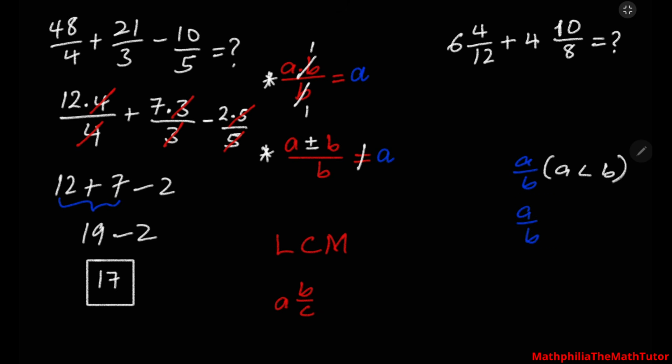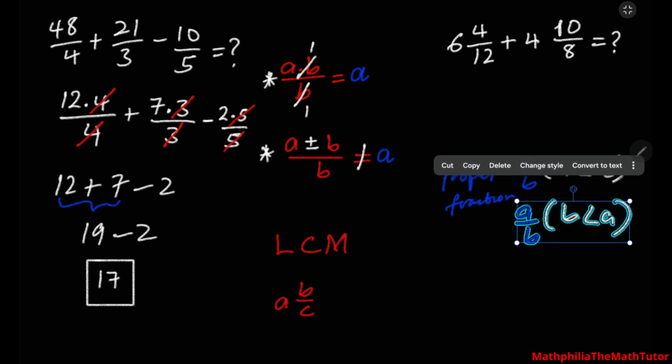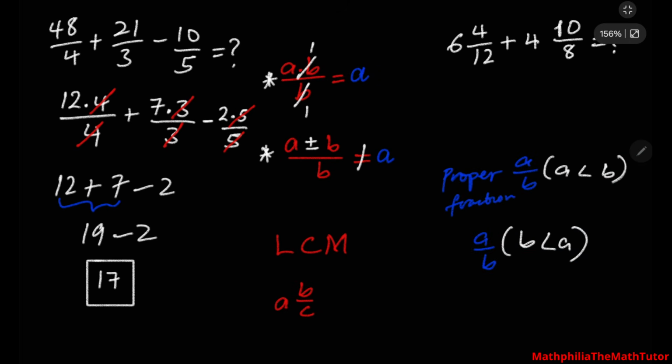But if you have a case whereby in A over B, B is less than A, or you can say A is bigger than B, so the numerator is bigger than the denominator, this is called an improper fraction, okay?